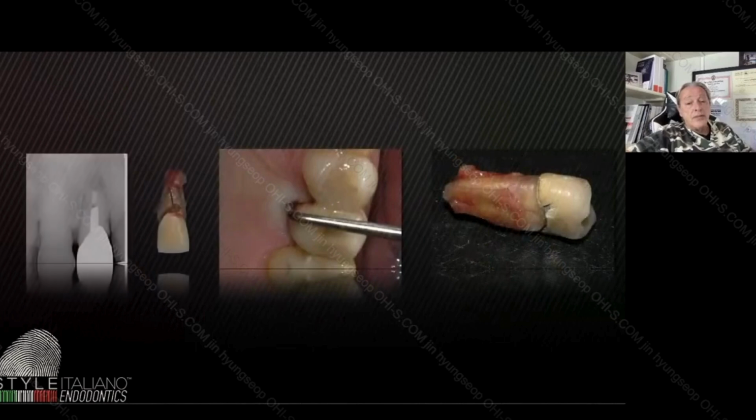because we had, and we have today, a very big risk, which is the fracture of the root, the vertical root fracture that leads to the need for extraction of the tooth.